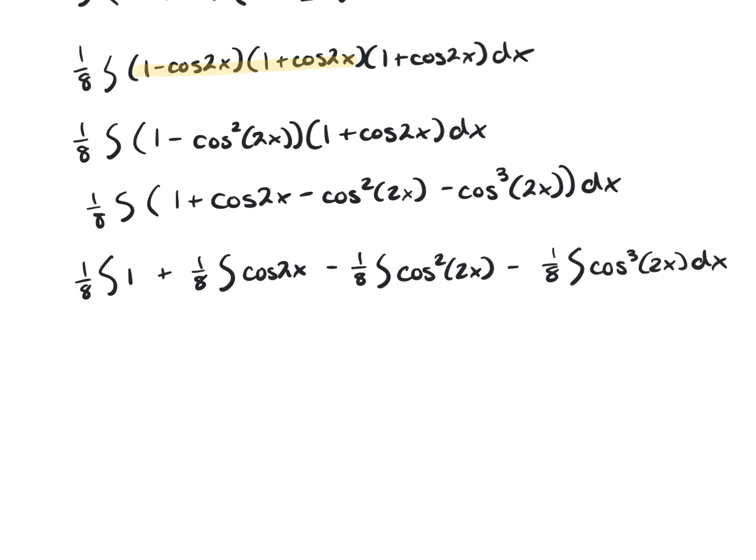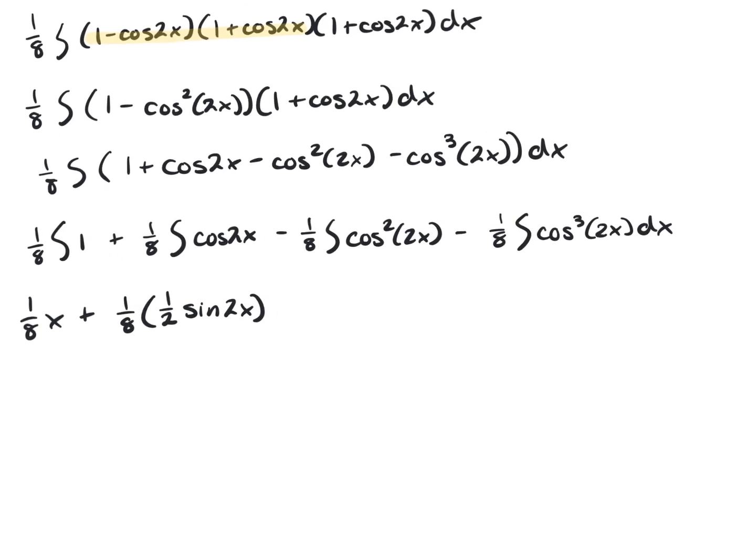So I know this first one I can integrate, so it's just going to become 1/8 x. And then from here, I can also integrate this one. I'll have 1/8 times 1/2 sine of 2x. So that one's not too bad.